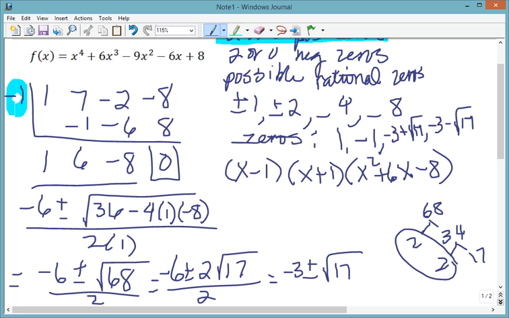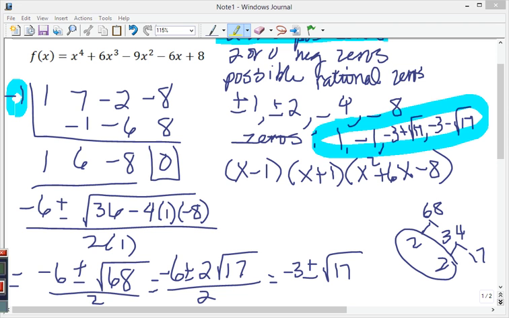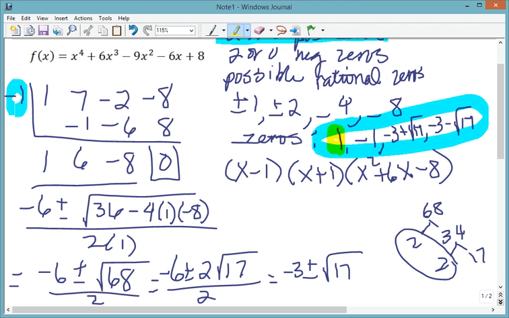Okay, so I wanted all my zeros. I found all my zeros. Okay, now look. 1 is positive, and square root of 17 is bigger than 3, it's like bigger than 4. So this is a positive number.